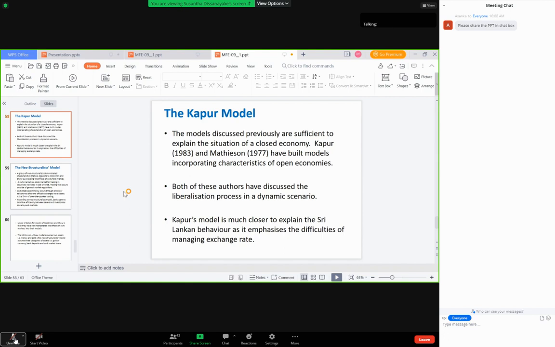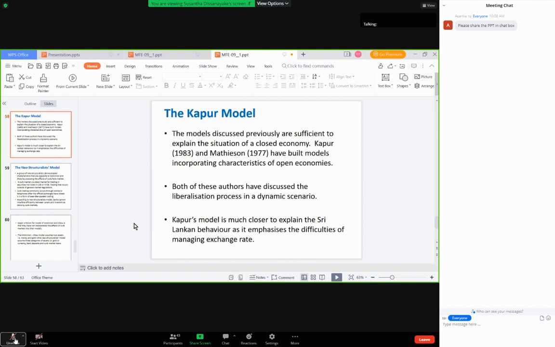So that's why they have highlighted Sri Lanka here. It's an example, but it's not applicable only to Sri Lanka; it applies to developing or underdeveloped countries in general. When they engage in more and more importation, it will definitely affect their exchange rate, and it would be hard to manage.